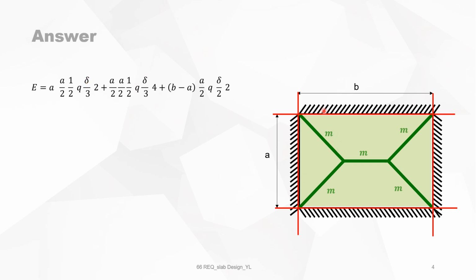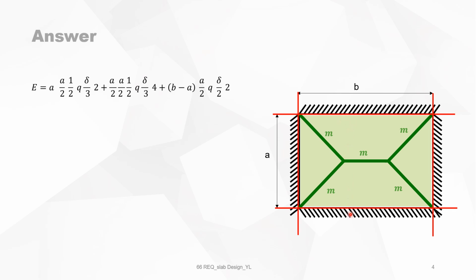Then what's left are 4 smaller triangles, and there the surface is A over 2 times A over 2, half of it, multiplied by the load Q, and the mean deflection is delta over 3, and this 4 times.